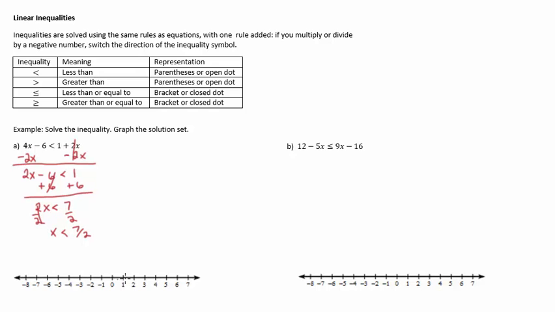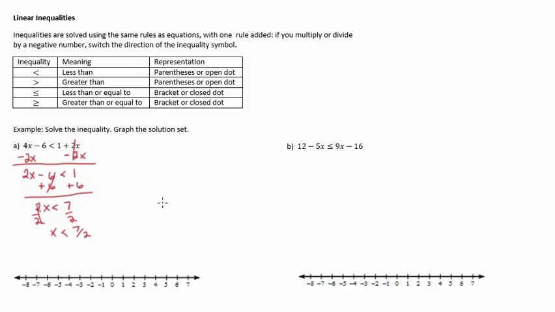So on our solution set, our number line here, 7/2, if you wanted to really quickly find the decimal for that, that's 3.5. So halfway in between 3 and 4 is where our point is. You need to know, depending on your professor, how to draw it. Some professors will want you to use an open dot because we're not equal to, and then we would shade to the left because that's the direction of less than.